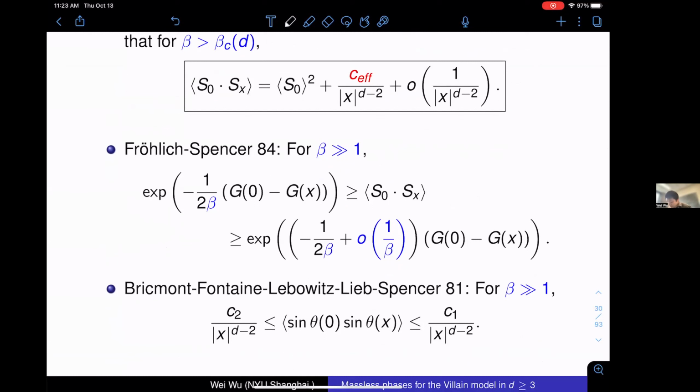So it means that if you look at your system in some Gibbs state, or one obtained by fixed boundary conditions, you can look at your spin-spin correlations in the transverse direction, and upper and lower bounds have also been established with the same order, 1 over x to d minus 2, with different constants.